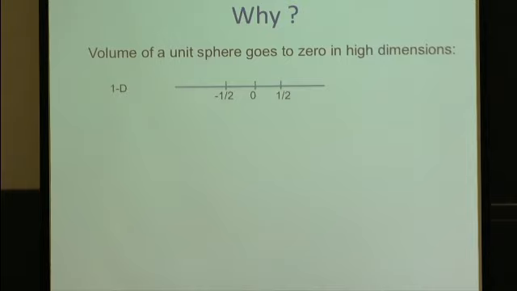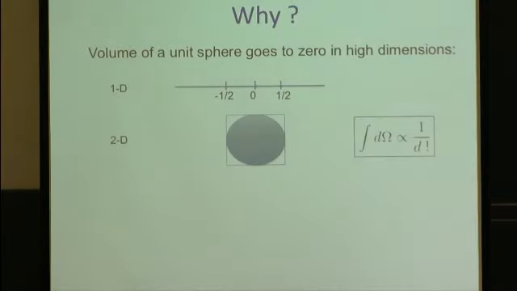Of course, a unit cube has volume 1 in all dimensions. Now compare the cube to the unit sphere. In one dimension, the unit cube and the sphere with radius 1/2 are of equal size, so they have the same volume in 1D.